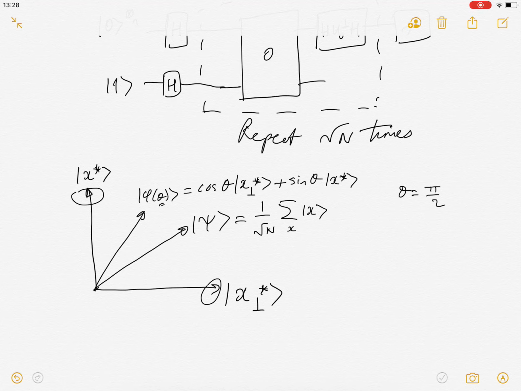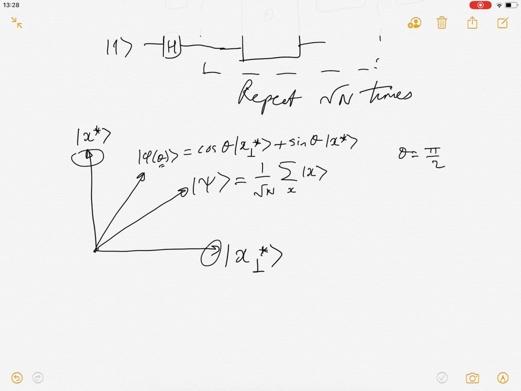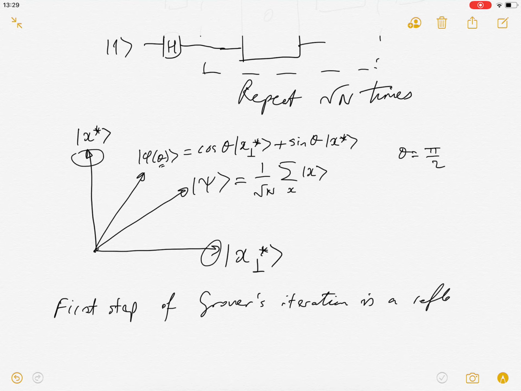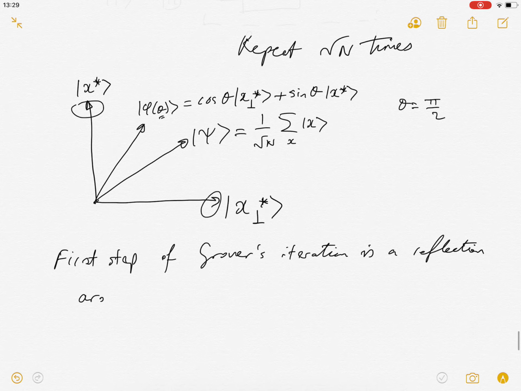That is just applying a reflection around x perp star.